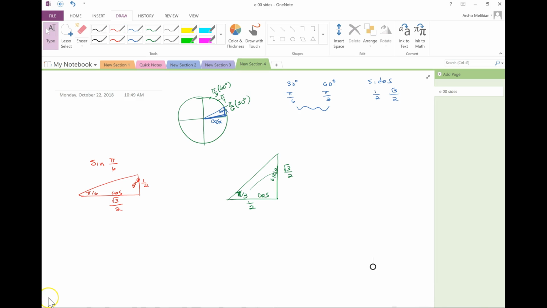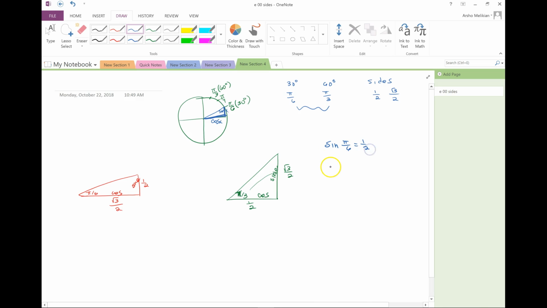Given this, if I were to ask you for sine of pi over 6, here is my pi over 6 in the red. Sine is the vertical, so it's 1/2.